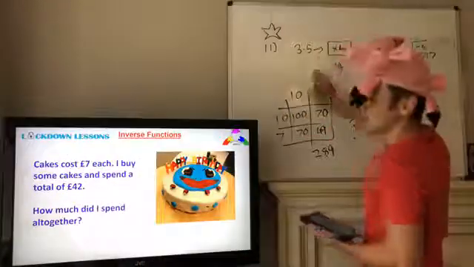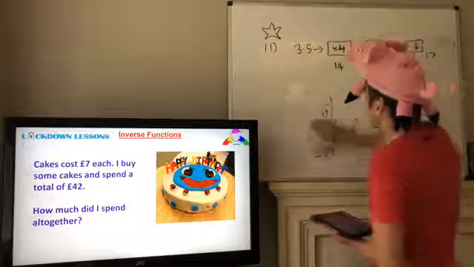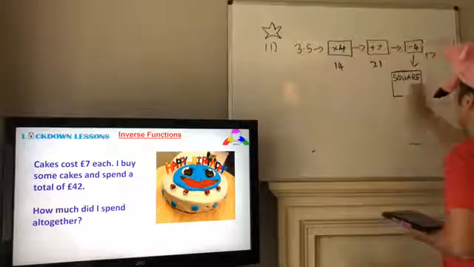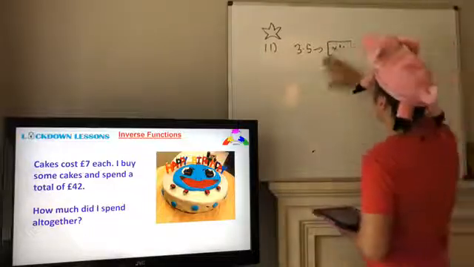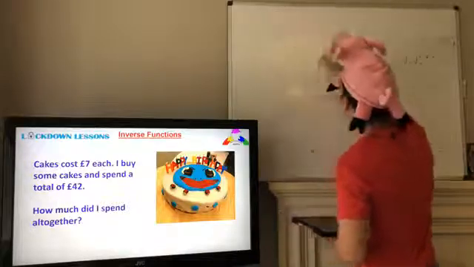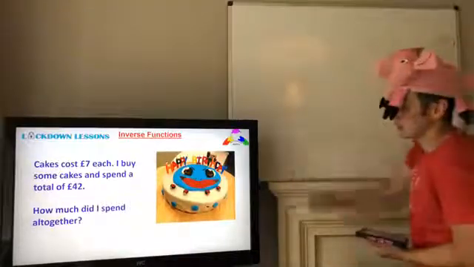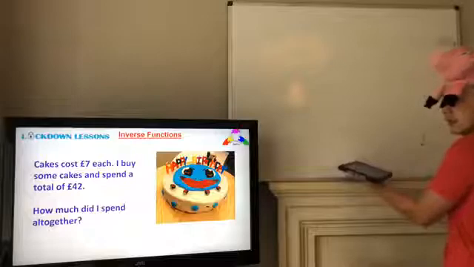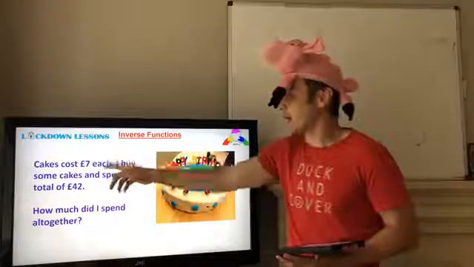Got here an inverse function question now. So here we have a birthday cake. Who would have thought, maybe it was someone's birthday just yesterday? Cakes cost £7 each.